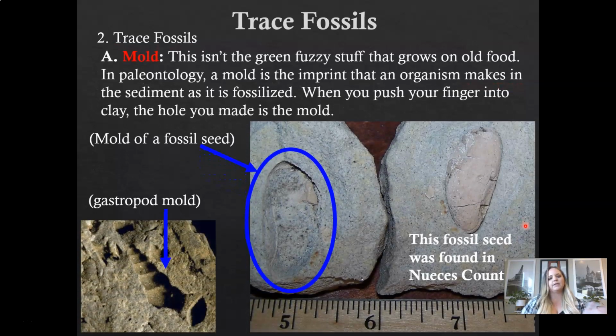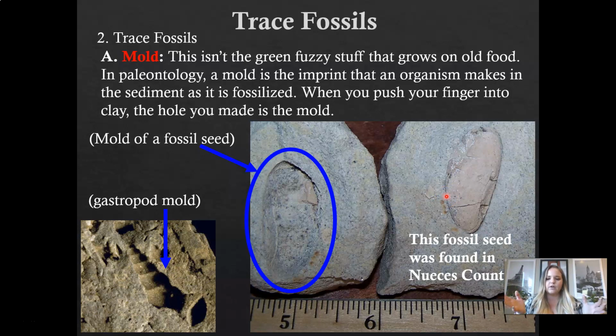So we'll talk about 5 types. So we'll talk about the cast and the mold. So the mold is what can create the cast. So this would have been sort of an impression from a fossil seed, and this would be the mold, and the cast is what fills in that void space and then is left as kind of an individual piece.